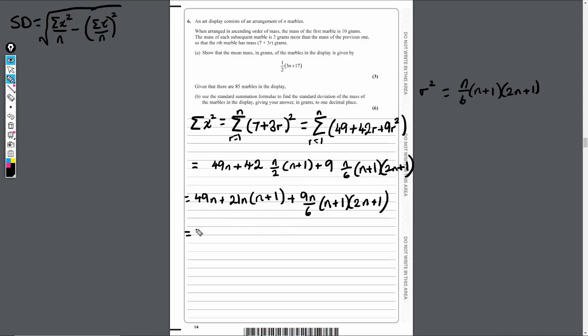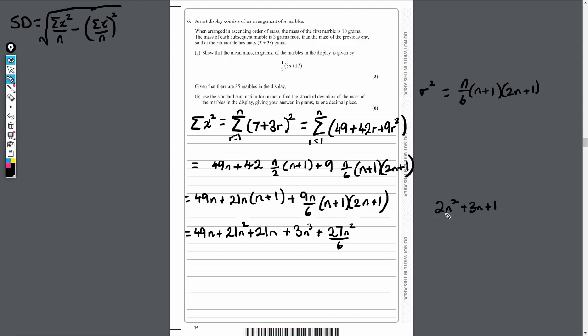This is going to give me 49n plus 21n squared plus 21n. The n plus 1 times 2n plus 1 will give me 2n squared plus 3n plus 1. So multiplying each term by 9n over 6, that gives me 18n cubed over 6, so that's plus 3n cubed. 9n over 6 times 3n, I can't do anything with that, that's just going to give me 27n squared over 6.